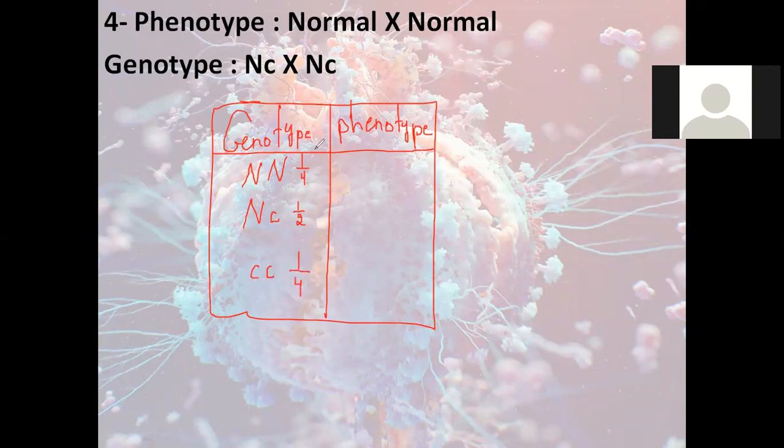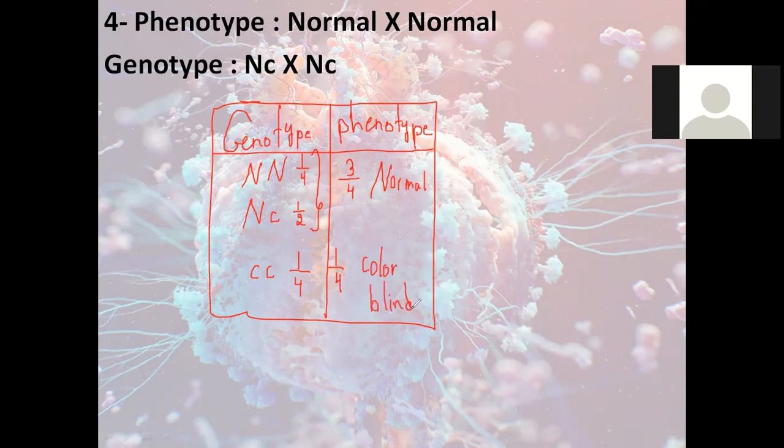So here, 1 over 2 plus 1 over 4, it's what? It's 3 over 4. What? It's normal. Since the normal allele is dominant, and it can be expressed in both homozygous and heterozygous. However, 1 over 4 will be affected or colorblind individual. Okay? Colorblind. So what is the risk for the individual?